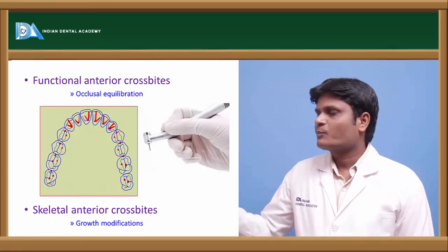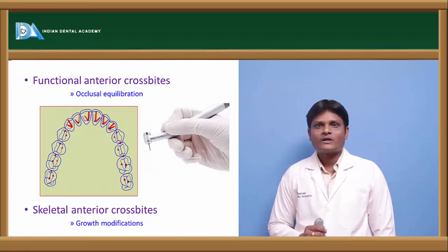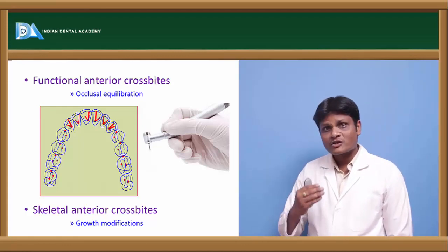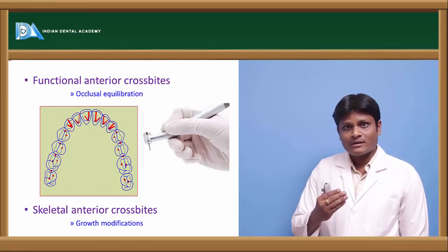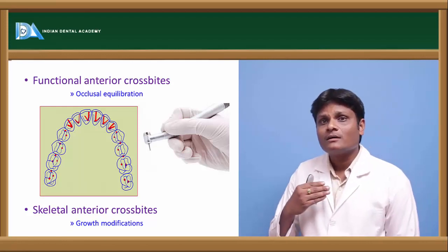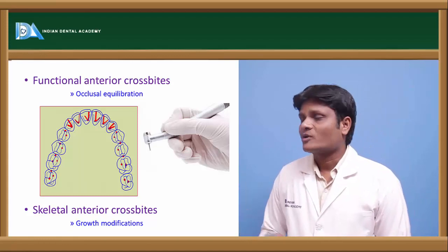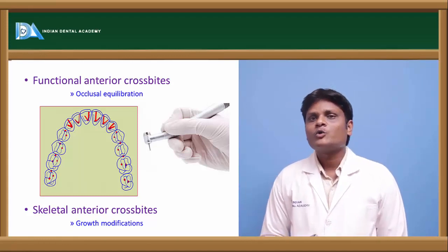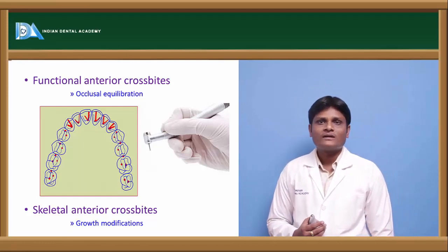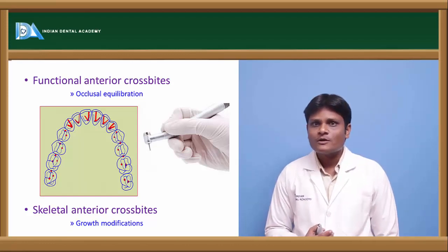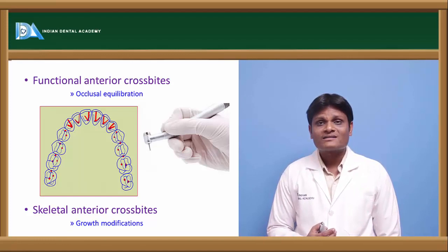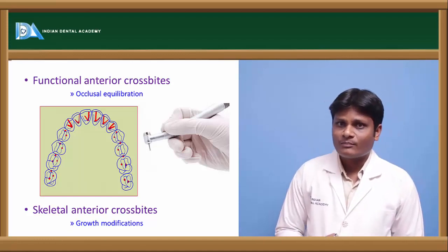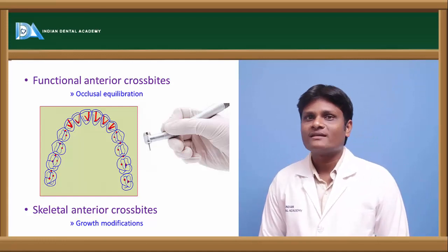This process of reduction of the tooth structure that interferes in the path of occlusion, or reduction of the restoration that interferes with the occlusion, is called occlusal equilibration. So, occlusal equilibration is one of the interceptive orthodontic procedures to prevent or intercept a developing class 3 malocclusion or developing anterior crossbites.